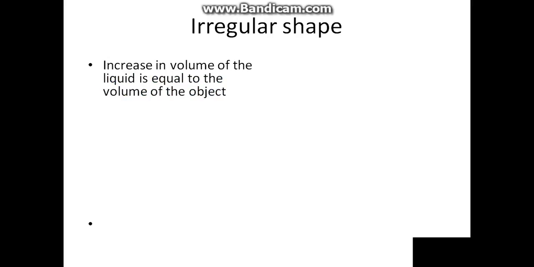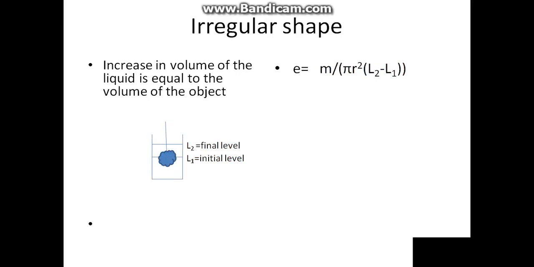Irregular shapes. Increase in volume of the liquid is equal to the volume of the object. Density is equal to mass over volume. The volume of the cylinder is pi r squared (L2 minus L1). That is, L2 is the final level, while L1 is the initial level.